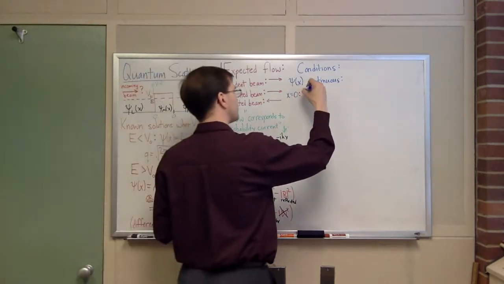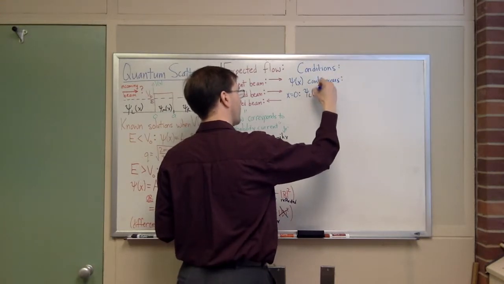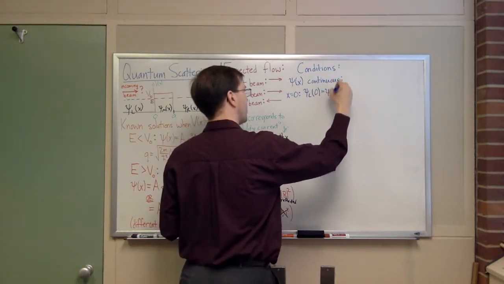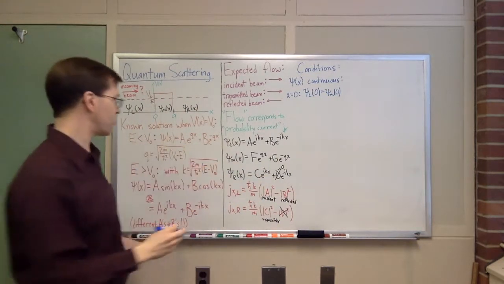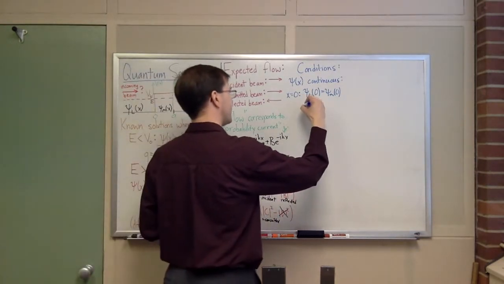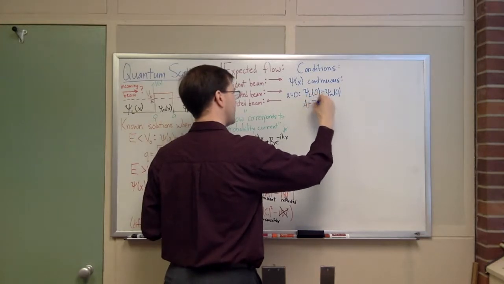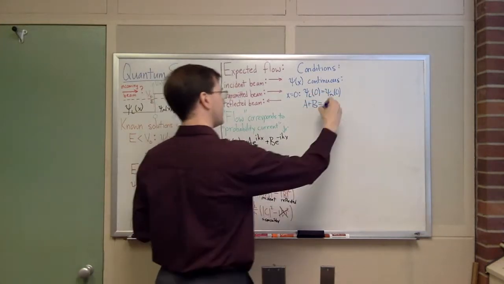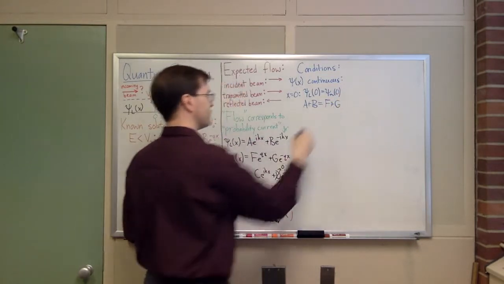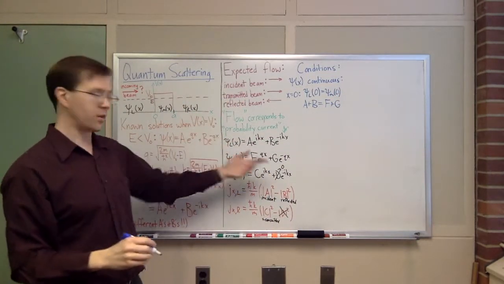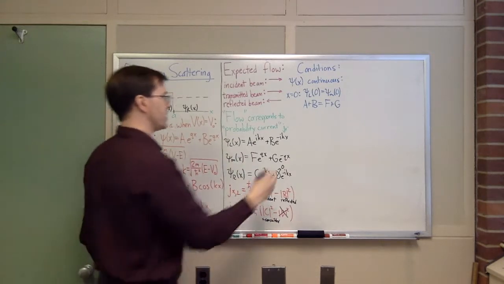That tells me psi left of 0 has to equal psi middle of 0. I can just plug in x equals 0 to these two equations. I'll get that a plus b equals f plus g, because e to the 0 is 1, so that's just my x equals 0 condition.